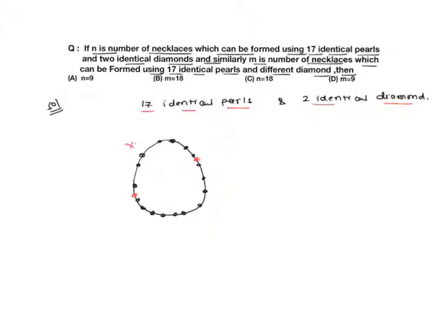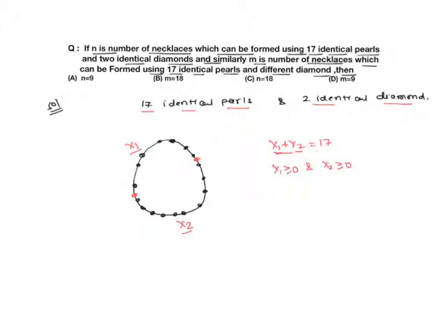So one part is having x1 identical pearls, other is x2 identical pearls. So x1 plus x2 must equal 17, where x1 is greater than or equal to 0 and x2 is greater than or equal to 0. If x1 and x2 change, we'll get different necklaces.